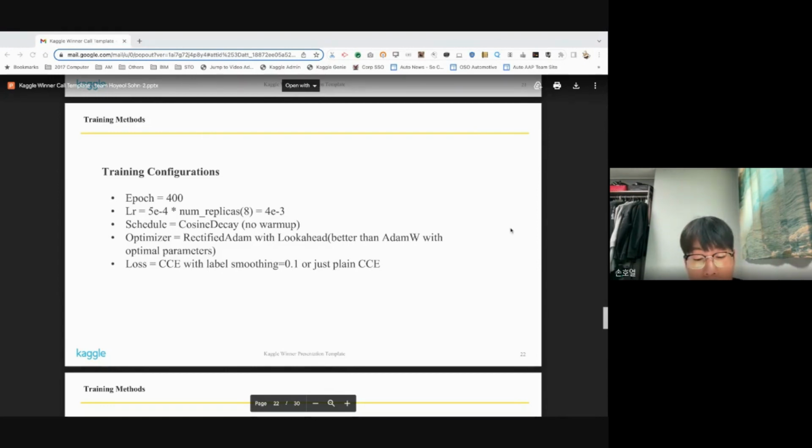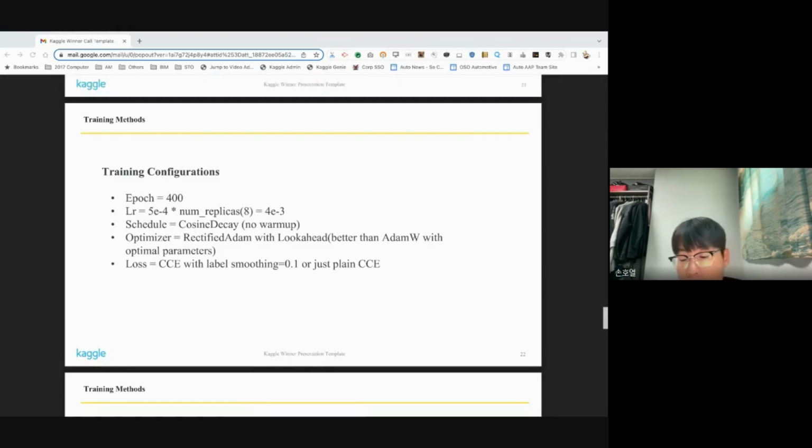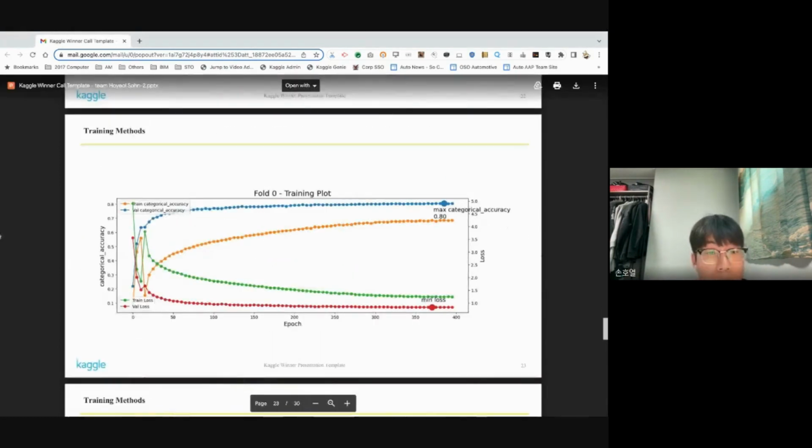An interesting point is that unlike most other teams that used a very large value of label smoothing, there was almost no difference in my case whether label smoothing was applied or not. In the final model, the model that used plain categorical cross entropy without label smoothing showed slightly higher accuracy. And next slide.